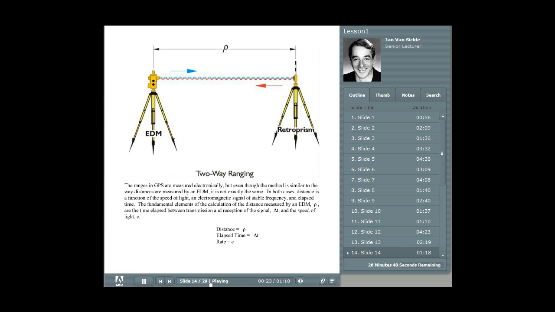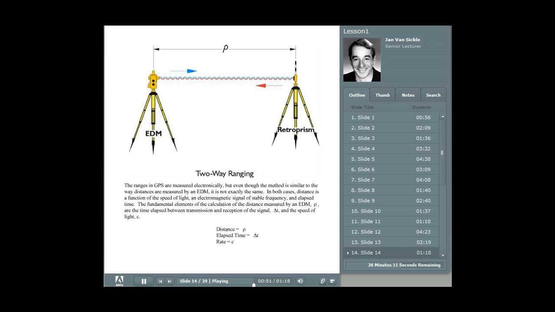Here it's a two-way system in which the EDM on the left sends out a signal of very constant frequency to a retroprism, or a reflector, corner cube, so that the signal goes out, reflects off of the retroprism, and returns to the EDM. This is good because then the EDM can analyze the signal and determine the distance.